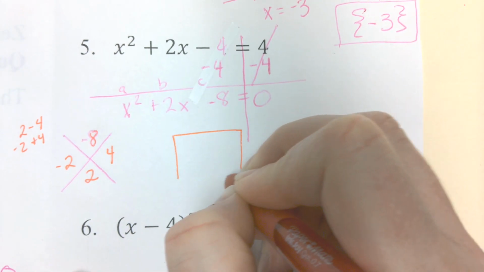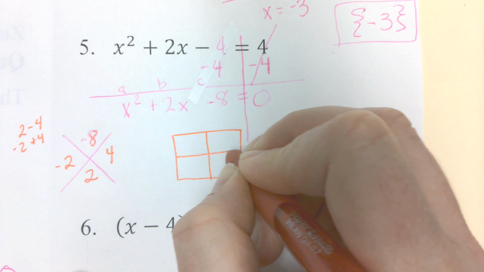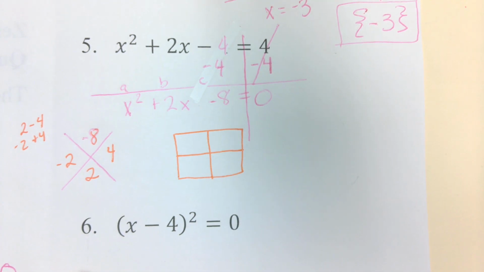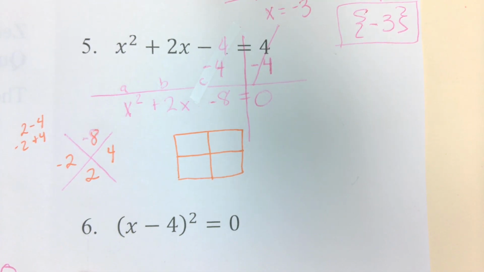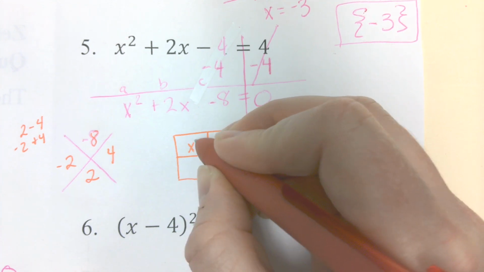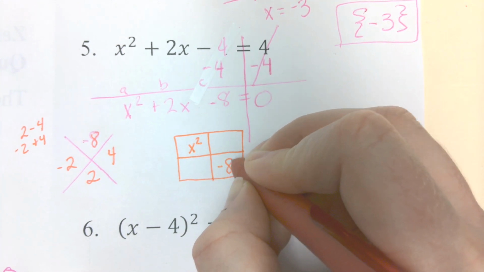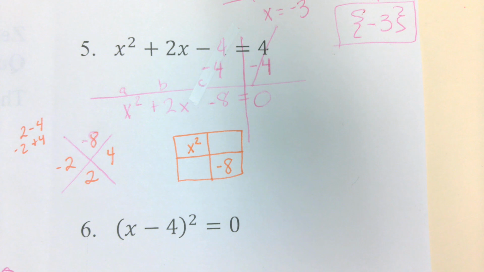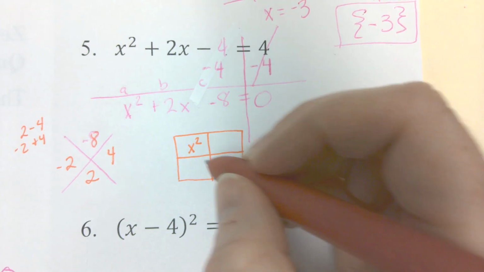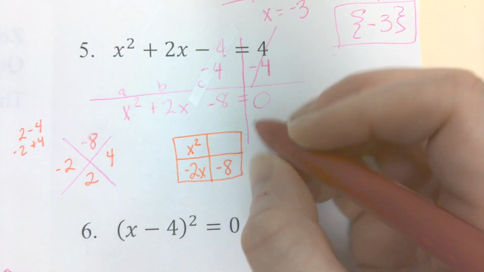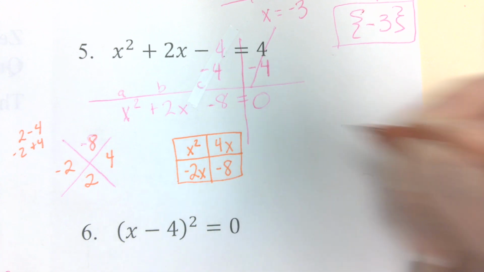So let's do our box because we got our magic numbers. Top left is our first term. Bottom right is our last term. Diagonals are our magic numbers with x.